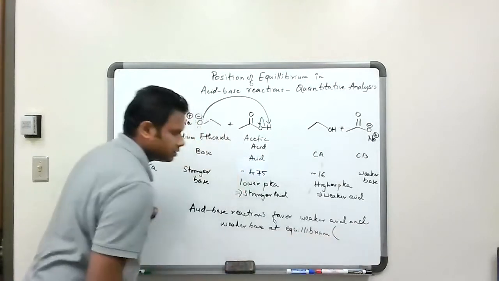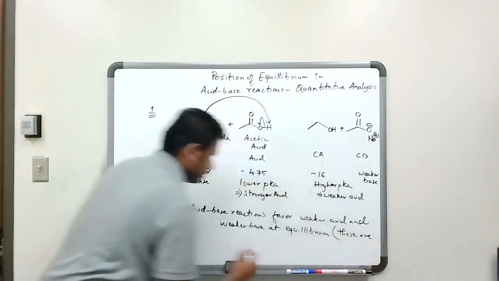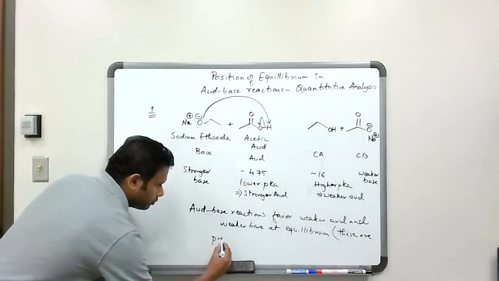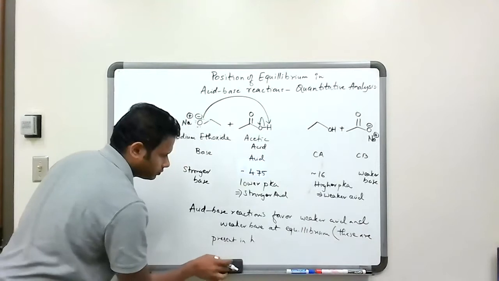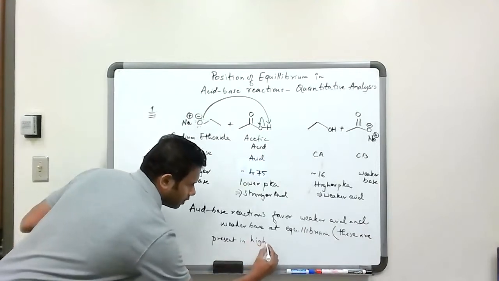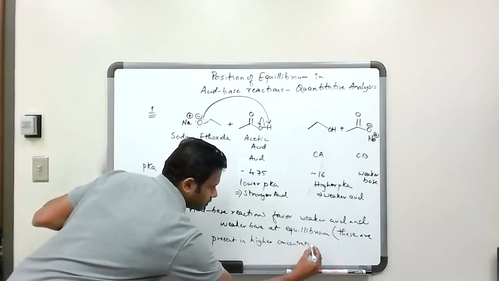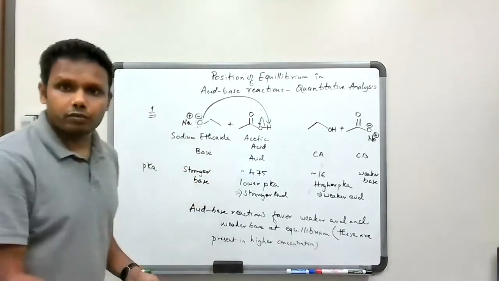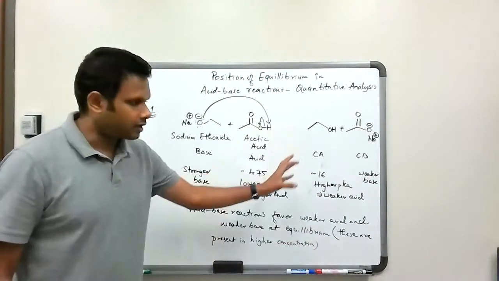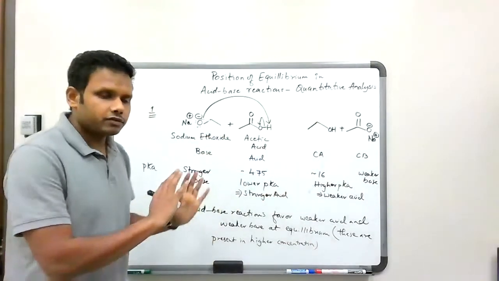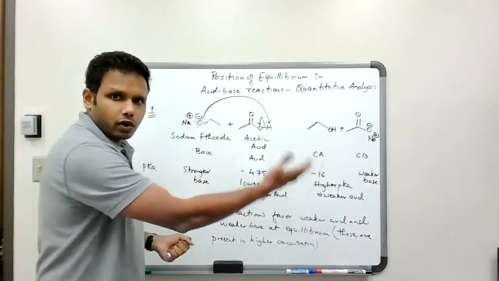And what that means is these are present in higher concentrations, or these are formed. That is what I'm saying, okay? So in an acid-base reaction, the weaker acid and the weaker base are favored. So when you reach equilibrium, there's going to be more of those.